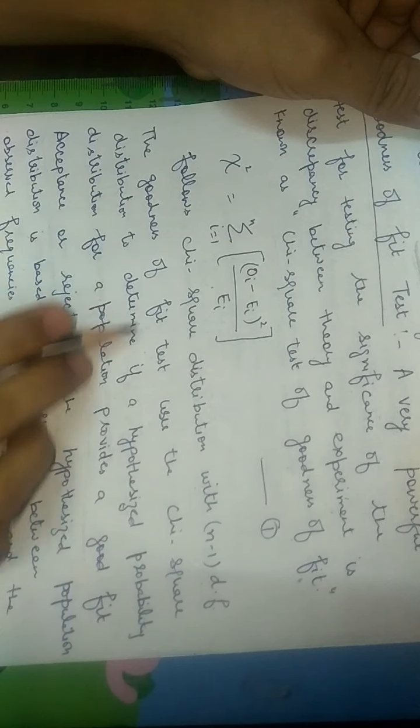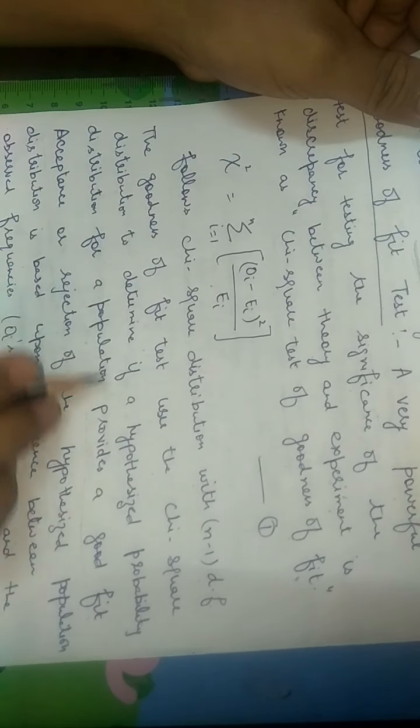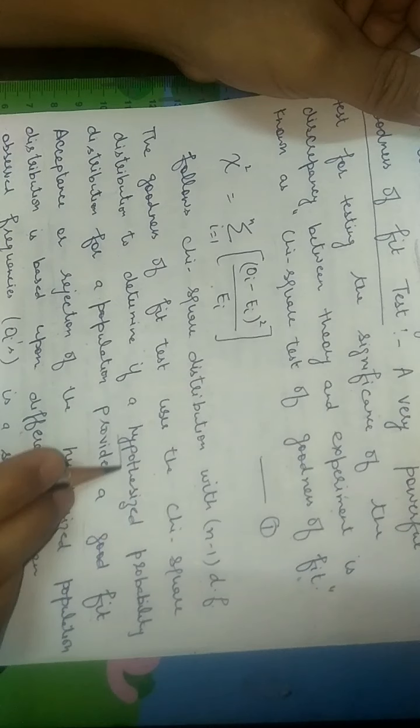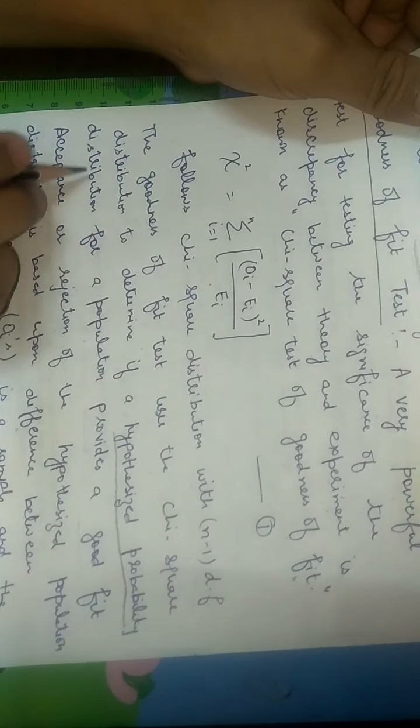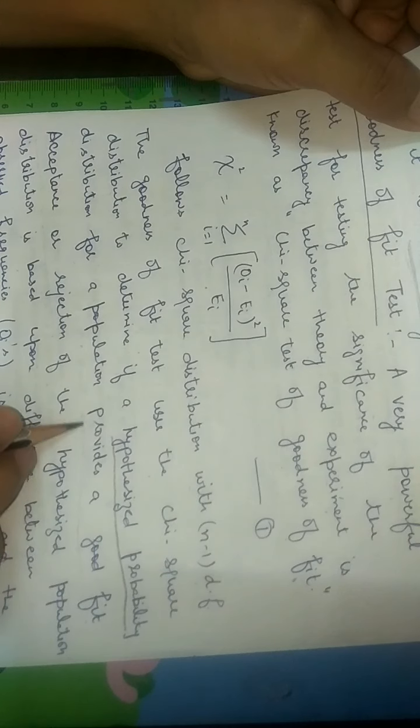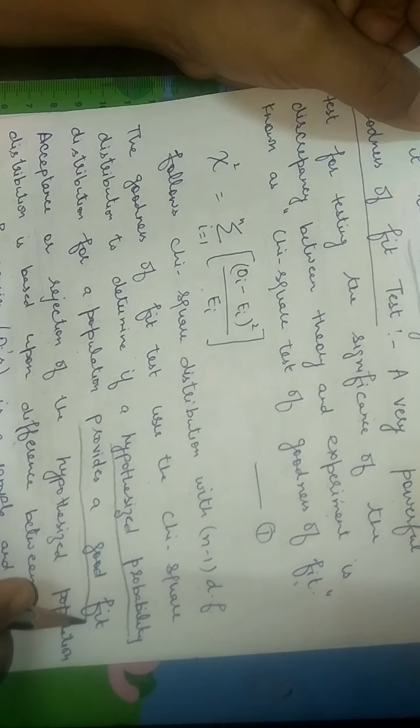It follows the chi-square distribution with n minus 1 degrees of freedom. The goodness of fit test uses the chi-square distribution to determine if a hypothesized probability distribution for a population provides a good fit.